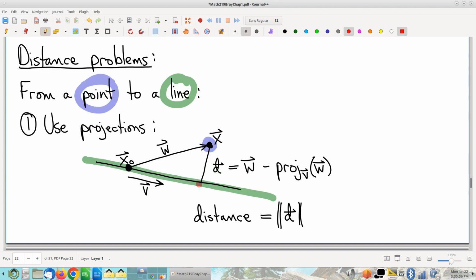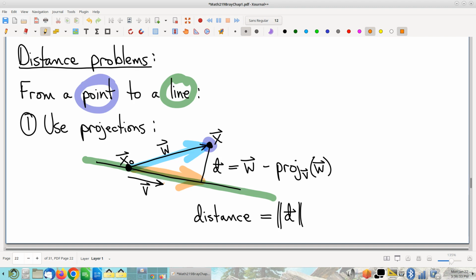Notice, by the way, we don't know this point, right? So it's tempting to say, just find this point here, and that's the distance, but that's not given. So we have to do a little bit of work to get there. I can subtract, x minus x naught, for any arbitrary point on the line to the point in question. That's not the distance I'm interested in, but I can talk about its projection to that line.